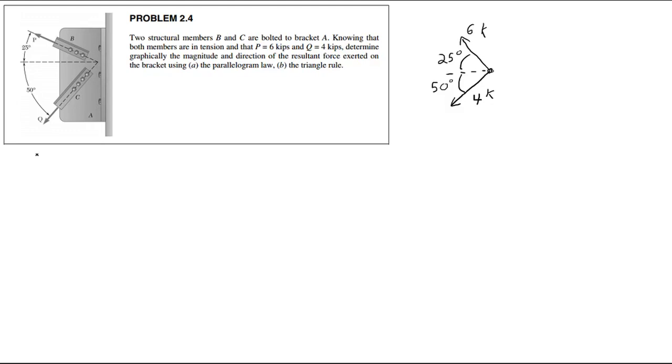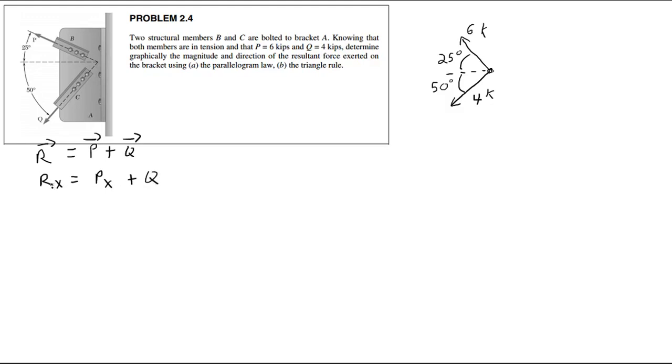All right, so R, again, is going to be equal to P plus Q, fundamentally, in terms of vector notation. So I could say vector R is equal to vector P plus vector Q. But more importantly, Rx is equal to Px plus Qx.